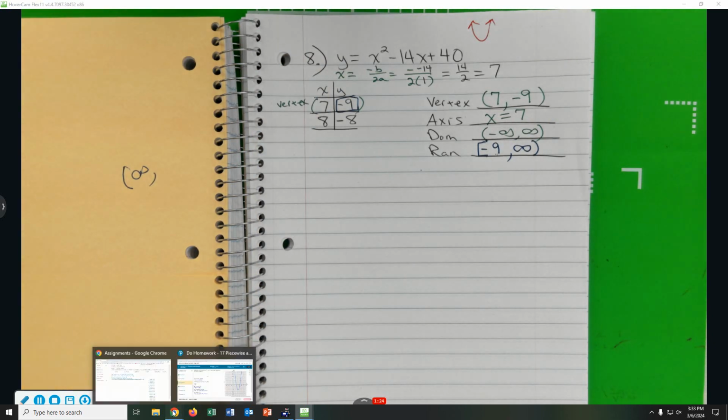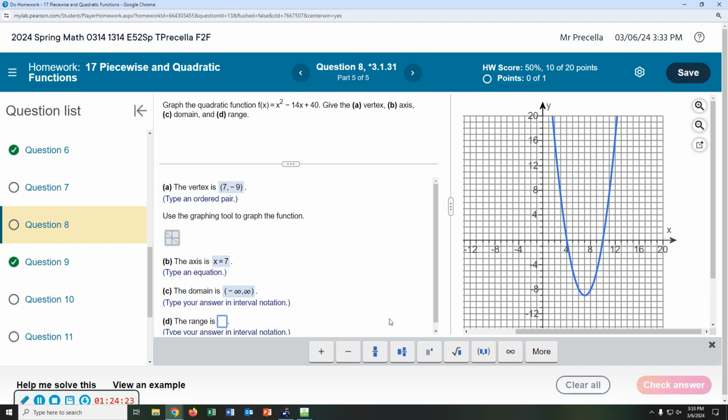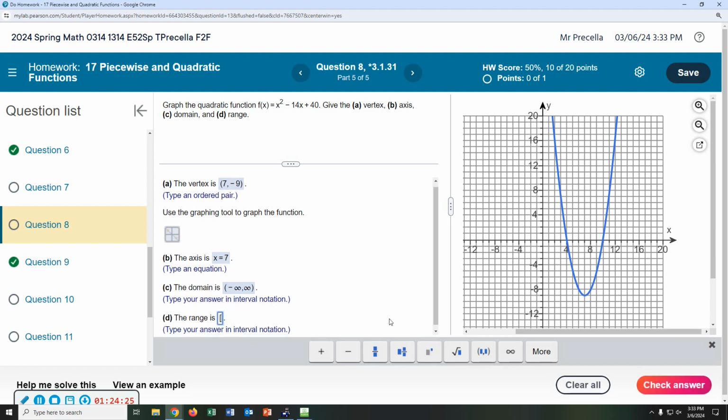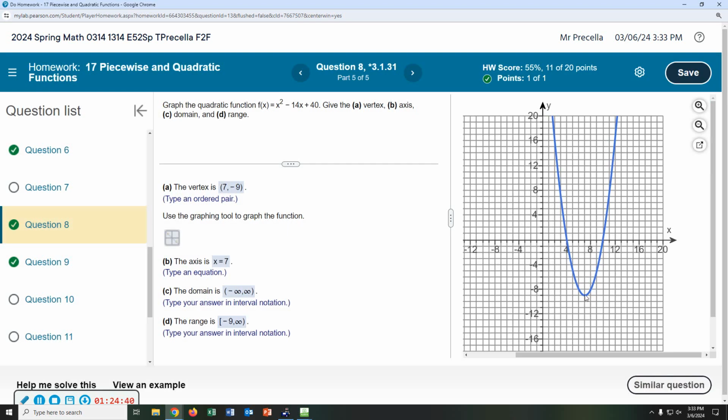So let's go back and type in these answers. The only thing we have left is the range. So bracket -9, comma, infinity. And before you go on, y'all said that the vertex corresponded to what? A minimum.